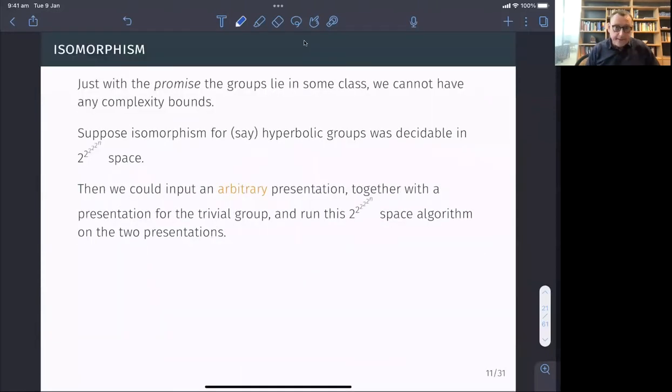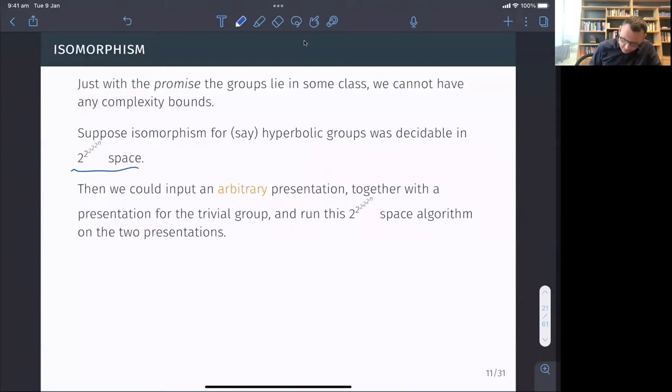But what about complexity? Just with the promise, we cannot have any complexity bounds, and I'll try to explain that on this slide. Suppose isomorphism for, let's say, hyperbolic groups was decidable in some crazy space bound. Or it could be a time bound or a space bound. So what could go wrong?